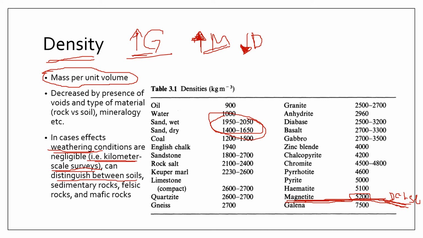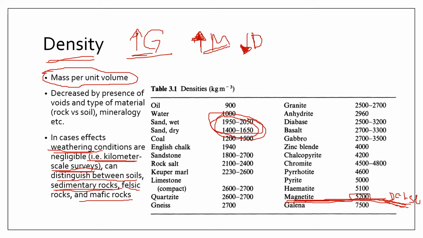Since weathering is quite an important factor that can change density, once you start dealing with large scale surveys like kilometer scale surveys, the weathering conditions become less important, and from there it becomes easier to distinguish types of soils and types of rocks, particularly between sedimentary rocks, felsic rocks, and mafic rocks.